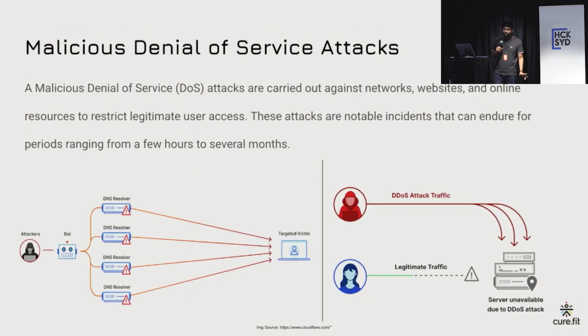A different scenario is the malicious denial of service attack, where the attacker intentionally turns down the website, either by bombarding it with a lot of packets or by doing some logical stuff. How many of you are bug bounty hunters? Okay, one, two, yeah, a few of you.